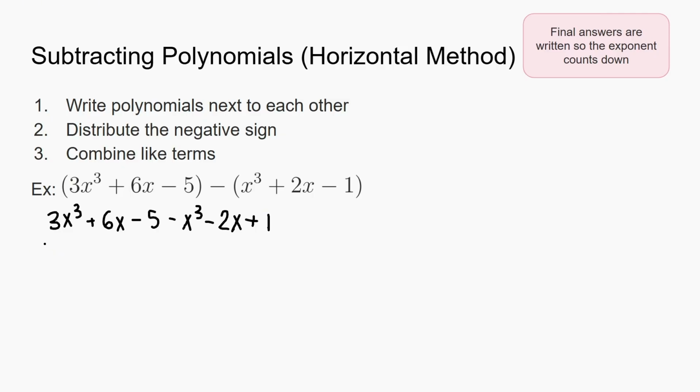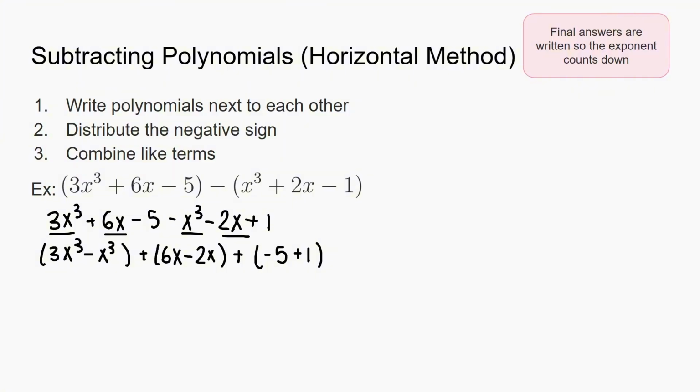So this makes it 3x cubed minus x cubed. That handles this term. And then we have the x terms. So we're going to do plus 6x minus 2x. And we're going to add and make it negative 5 plus 1. And now we can simplify.